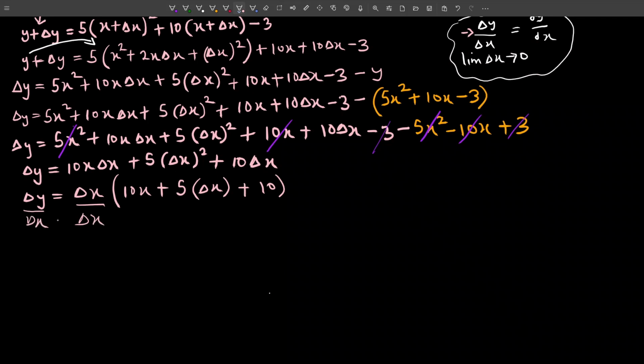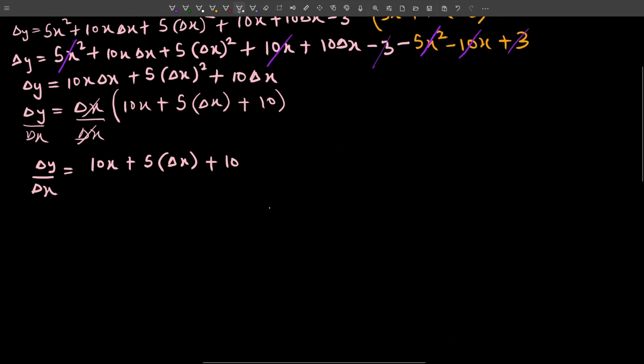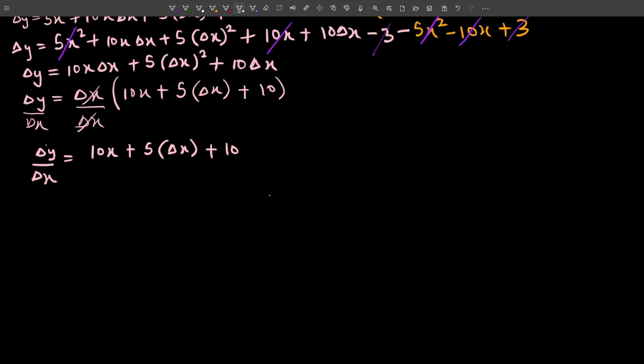Change in x cancels out this. So now we have our change in y over change in x that we're looking for. So change in y over change in x will be equal to 10x plus 5 into bracket change in x plus 10. Now we're trying to find dy/dx and not this.